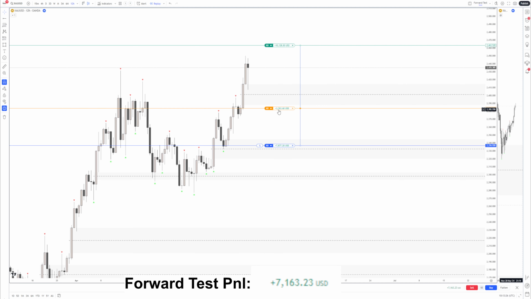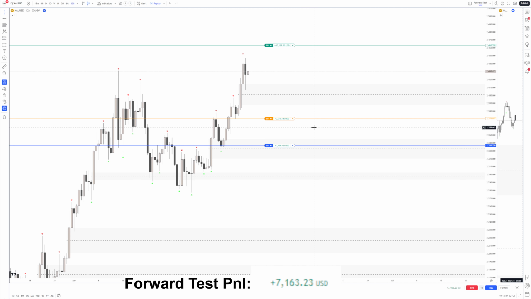If we had entered there, I'll move my stop loss there, because we've seen from the back test that when price breaks below the candle that we place our stop loss, it does reverse on us. Or sometimes you get wicked out and then it carries on. So if that's the case and you're worried about it being wicked out, let's just place it there. So at least we got something from the market, right? Let's see what happens.